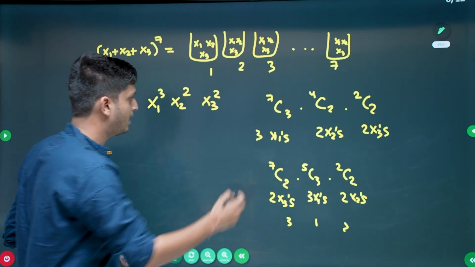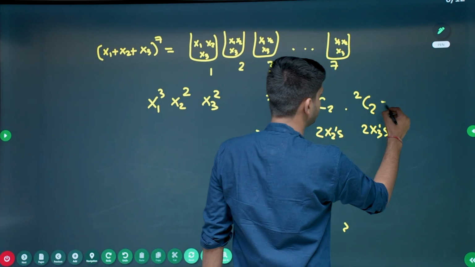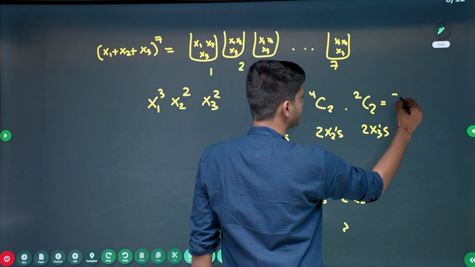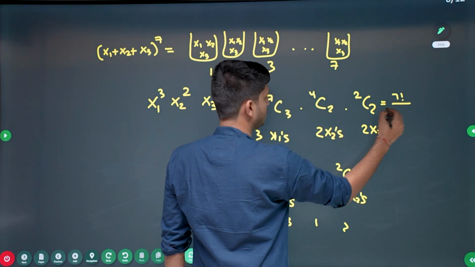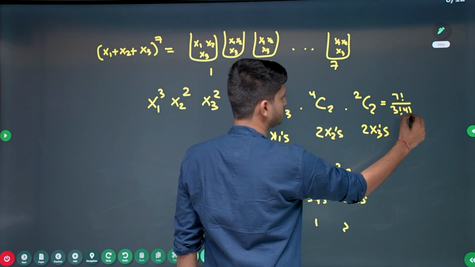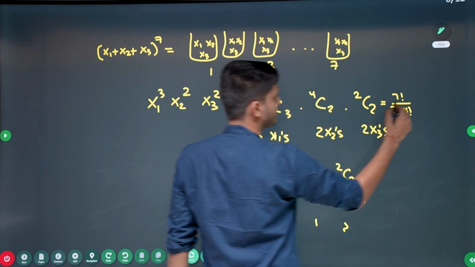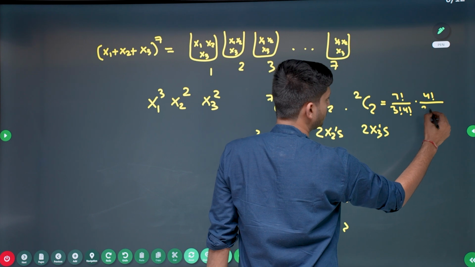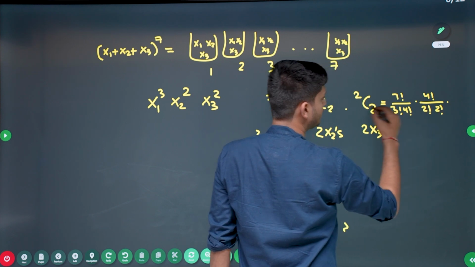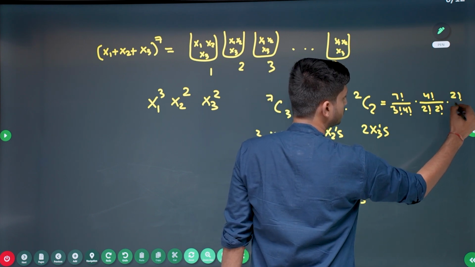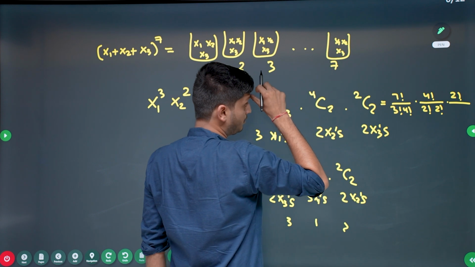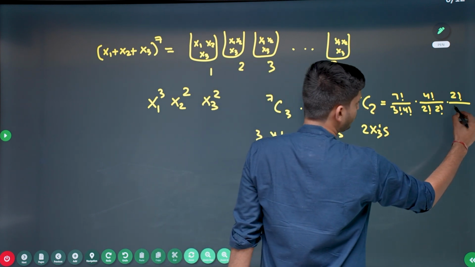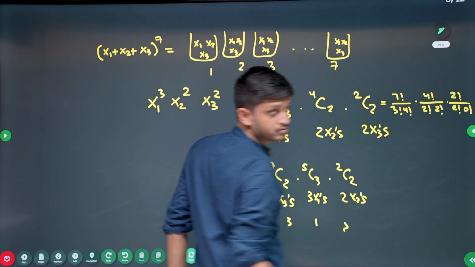It doesn't matter. How? If you expand it, it will come out to be 7 factorial upon 3 factorial, 4 factorial for the first term. The second term will be 4 factorial upon 2 factorial, 2 factorial. And the third term will be 2 factorial upon 2 factorial, 0 factorial.